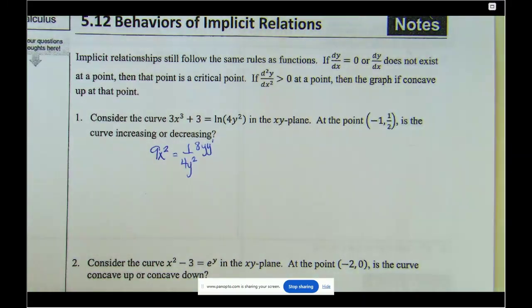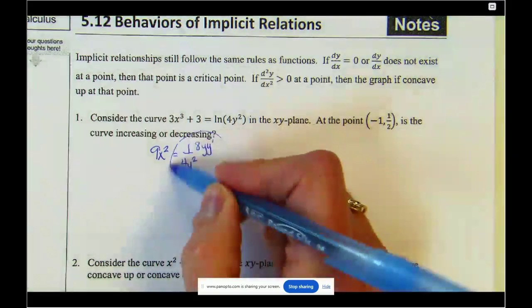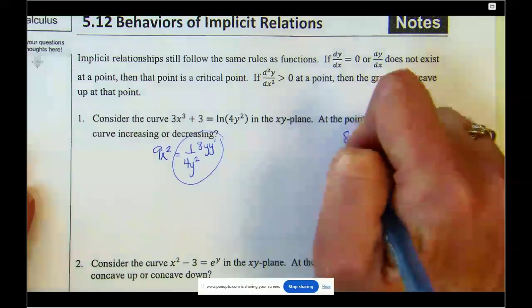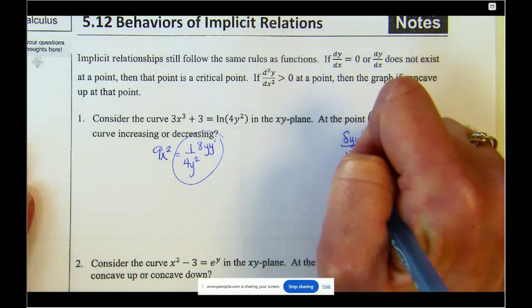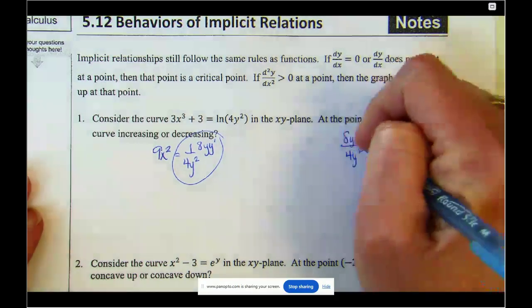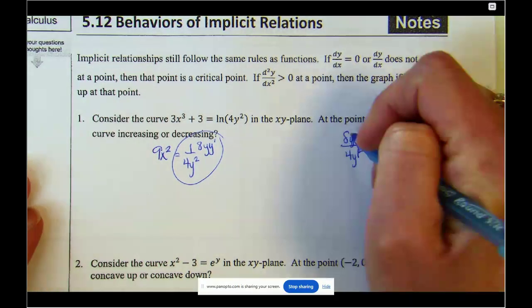Before you go solving, if it was me, I would reduce this. This simplifies. You've got 8y prime over 4y squared. What does that simplify to? This is 2, the y cancels, and it's just y prime over y.